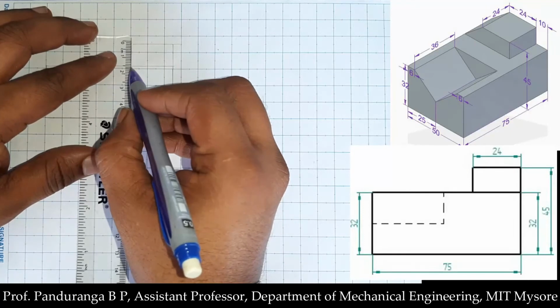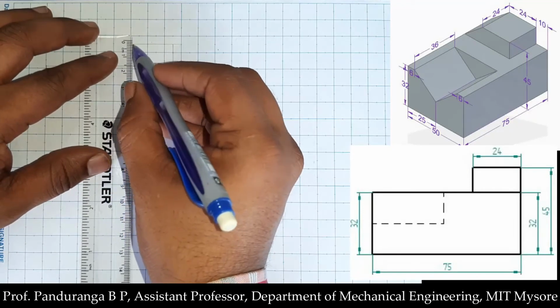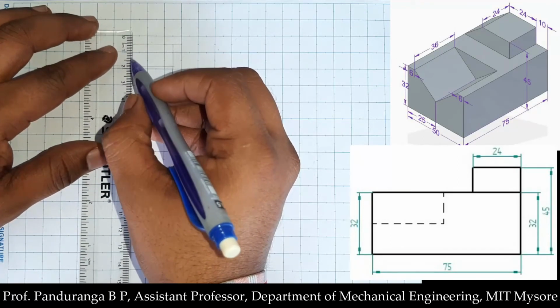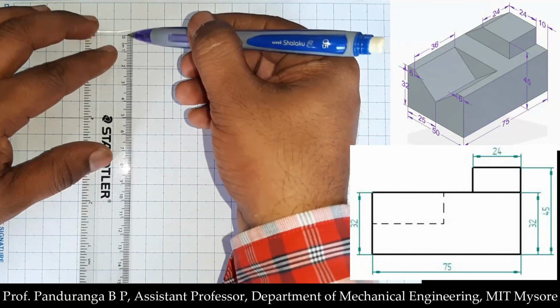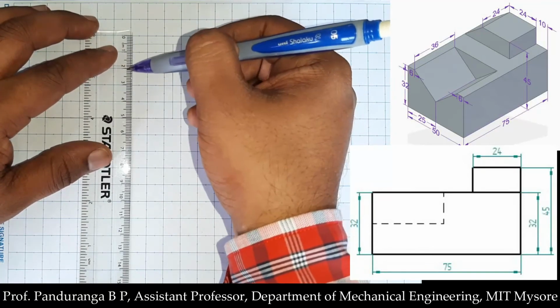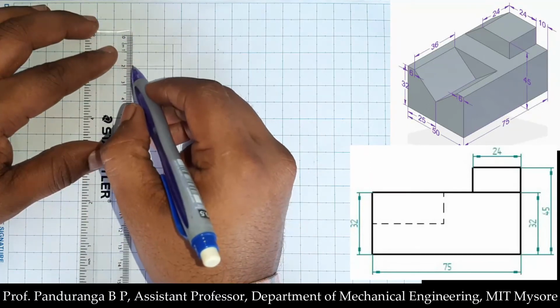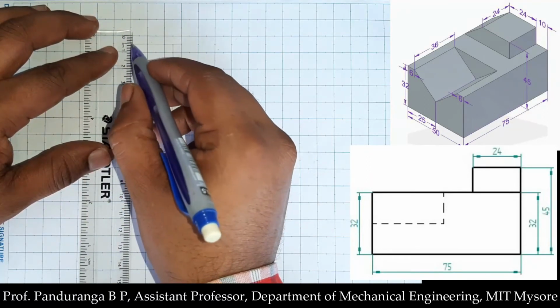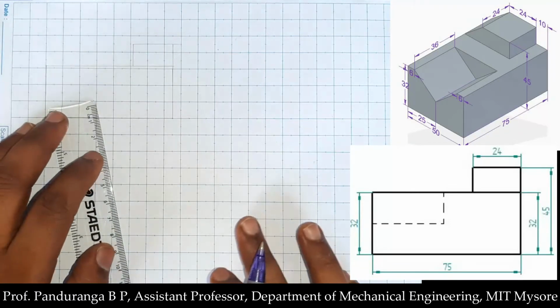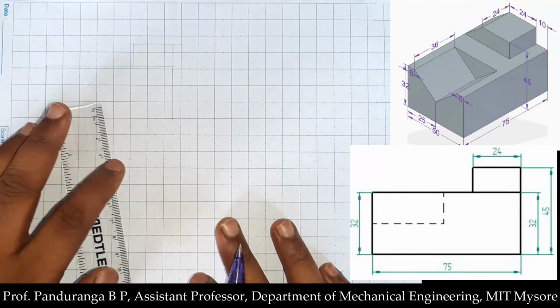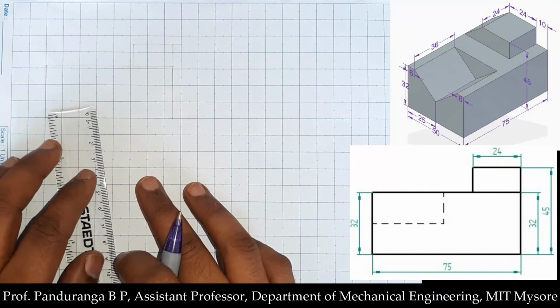Now I'll complete that by joining this. Make sure that the markings on the scale coincide with these lines. That will make the line vertical as well as parallel to the grid lines. Now we are done with this feature.